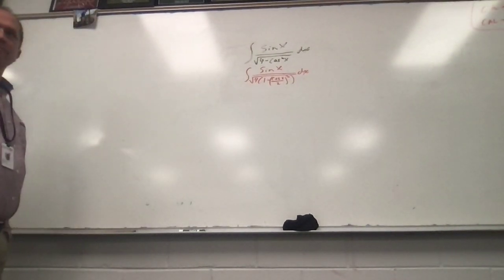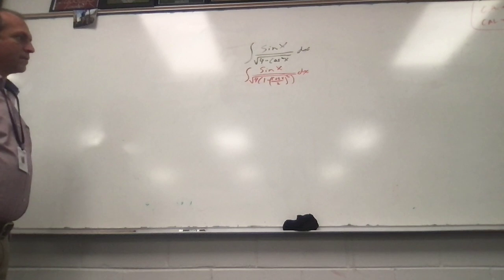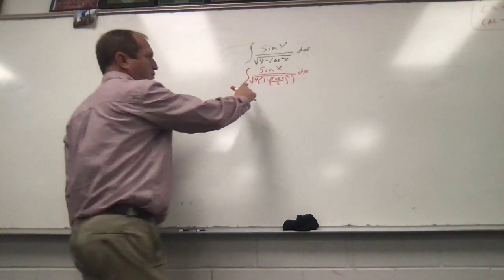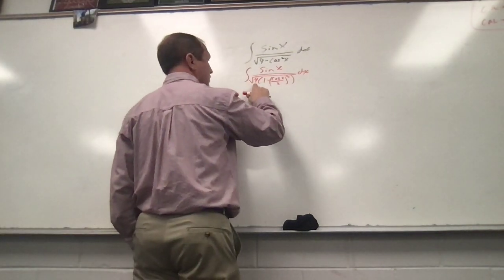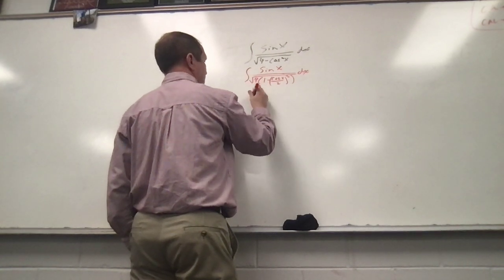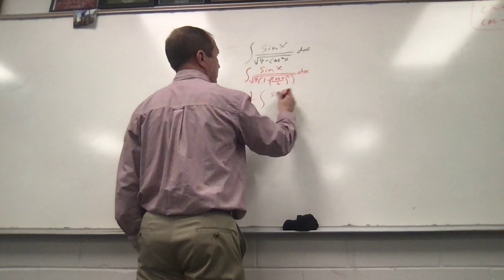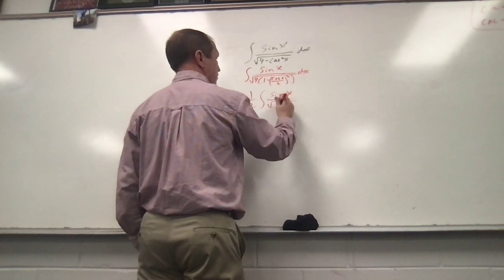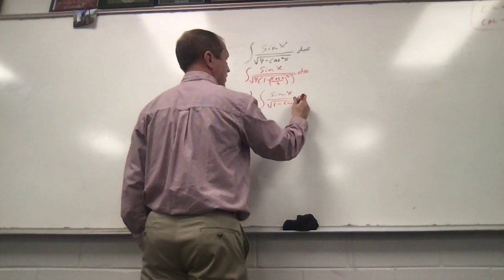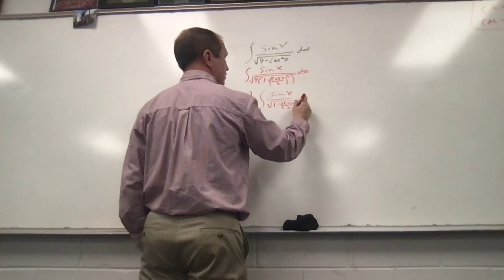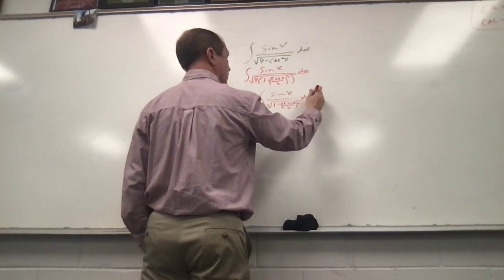We still good? All right, so square root of 4 is 2. So I've got 1/2 of sine x over the square root of 1 minus cosine x over 2 squared dx.